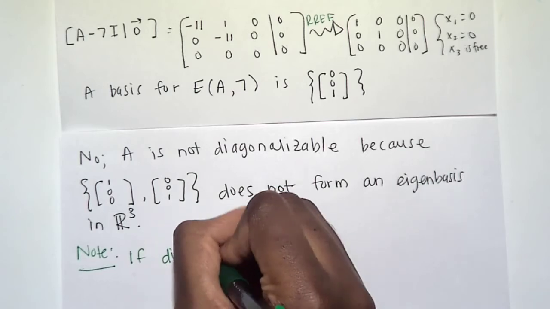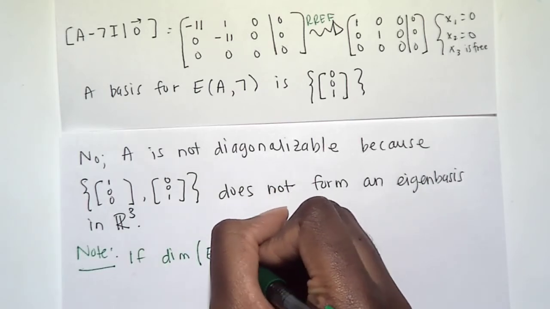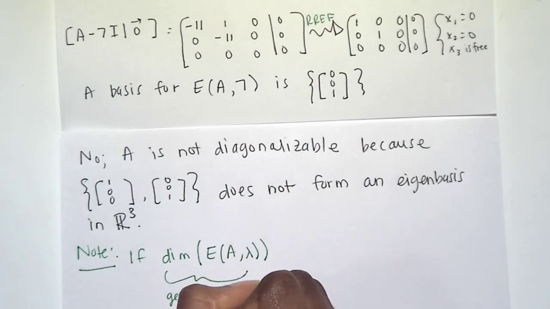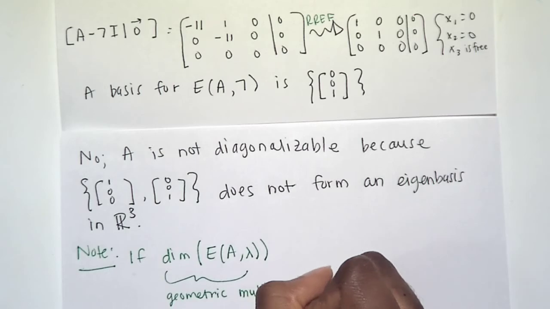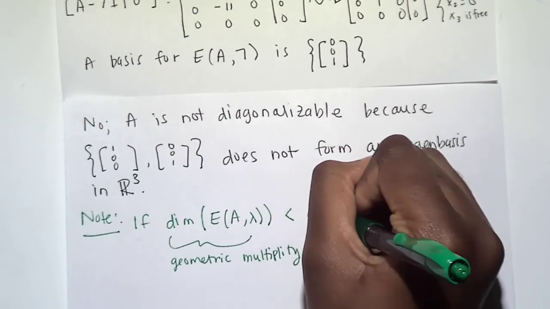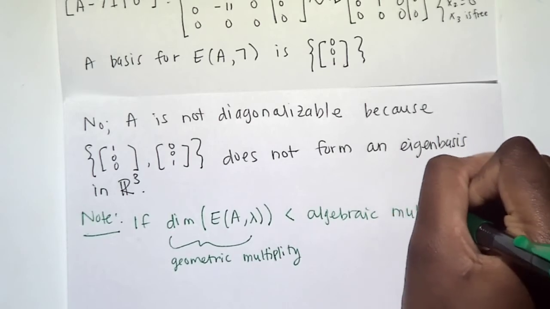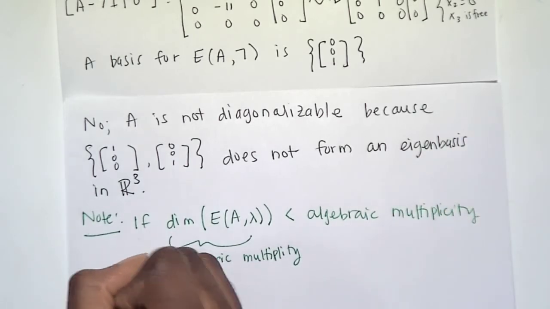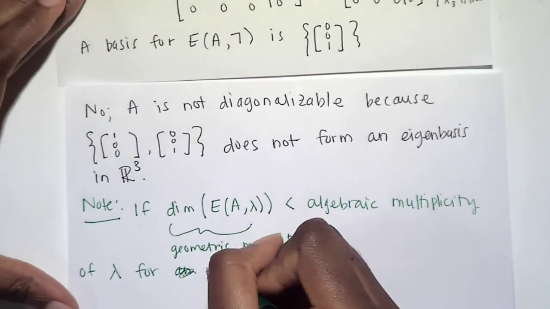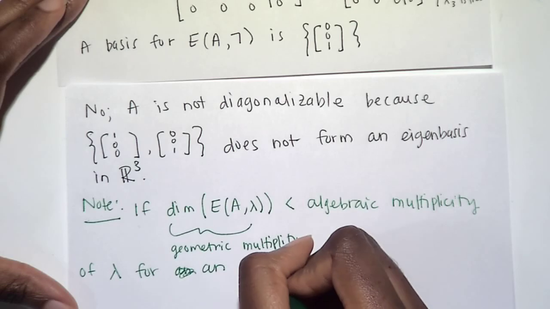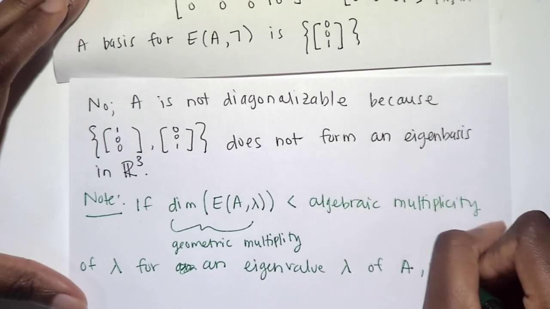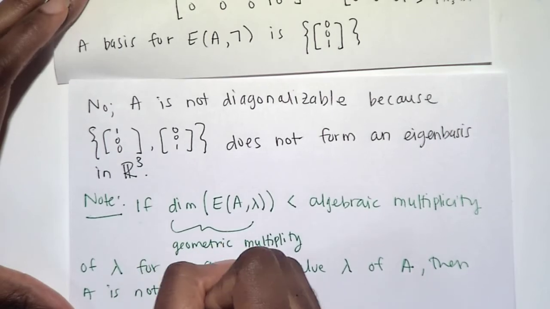If the dimension of our eigenspace A lambda, which is also known as the geometric multiplicity, is less than the algebraic multiplicity of lambda for an eigenvalue lambda of A, then A is not diagonalizable.